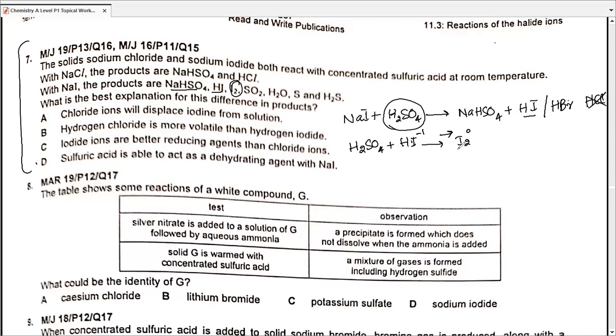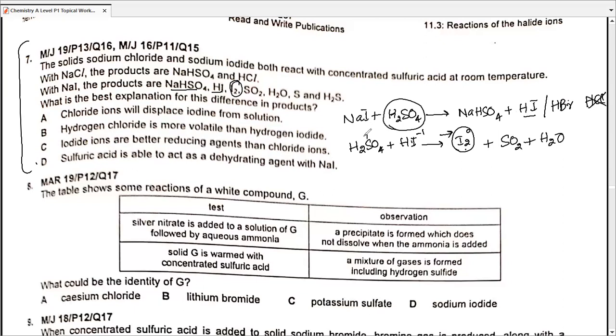I hope this explains the formation of iodine. But as soon as this is going to happen, remember, the opposite is also going to happen. If H2SO4 is a good oxidizing agent, it converts HI into I2. HI is also a reducing agent that converts H2SO4 further into two products, that is SO2 plus H2O.